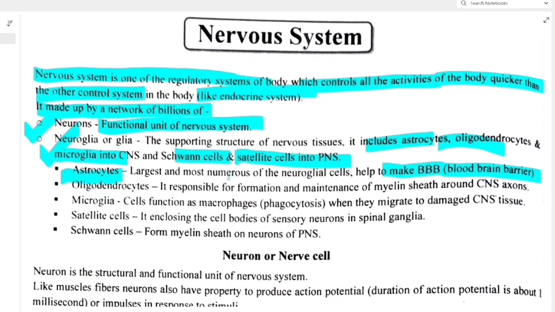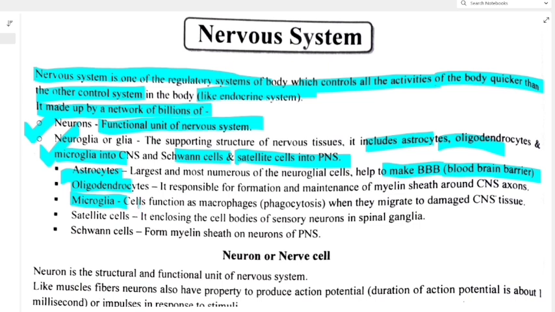Now come to the next, oligodendrocytes. They are responsible for formation and maintenance of the myelin sheath around CNS axons. So the first one was working as the blood-brain barrier, and this one is making and maintaining the myelin sheath around CNS axons. Next is microglia. What is microglia?